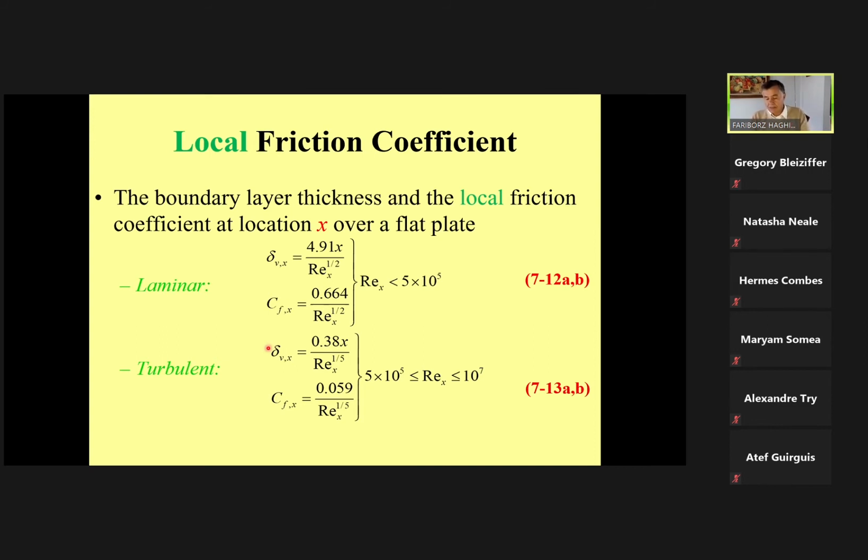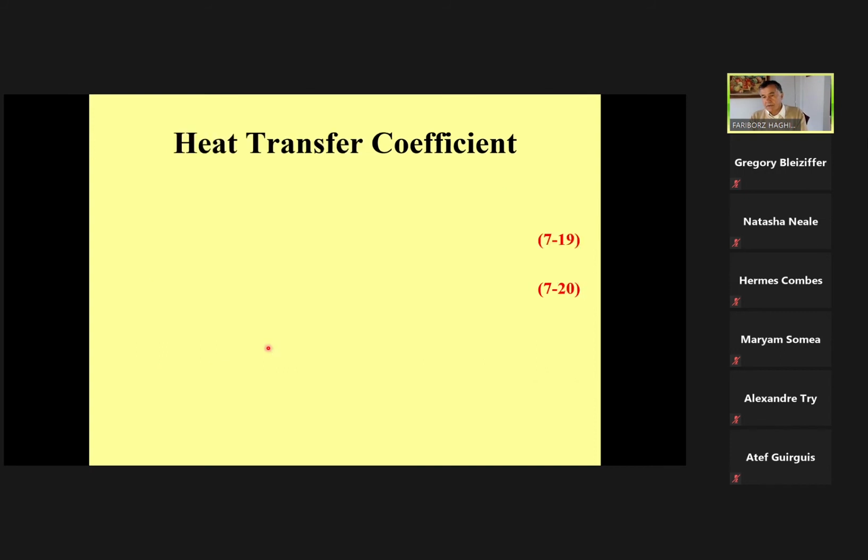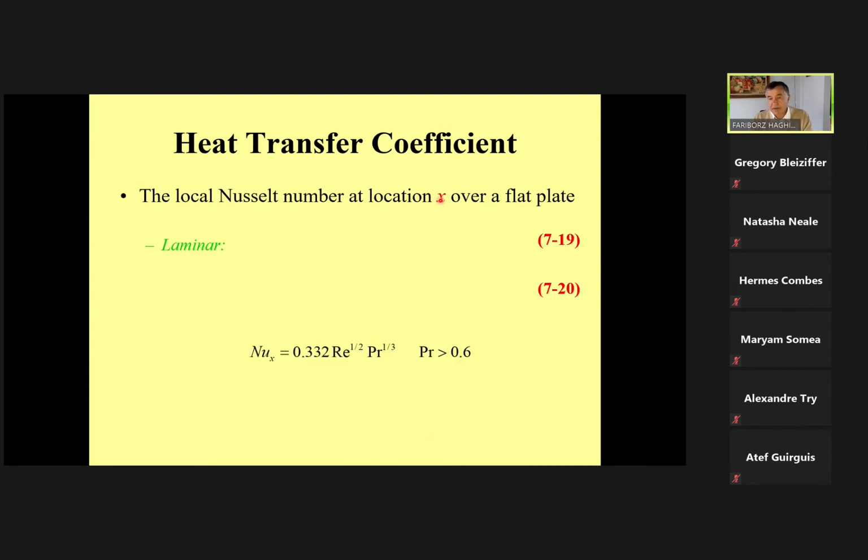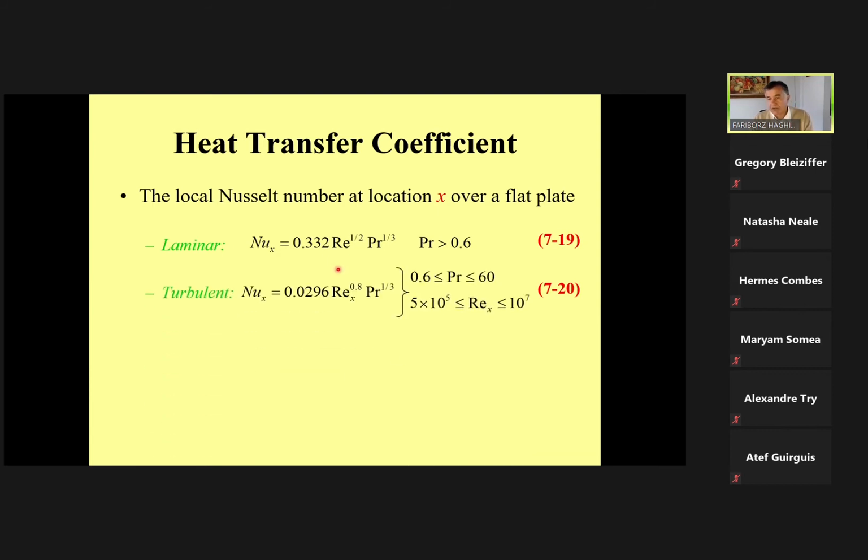Okay, now let me go further. If I look here, as I mentioned, we already have an expression to calculate the local Nusselt number. For laminar flow it was this equation, and now in this chapter we also give you the value for turbulent. Just accept it as it is; we are not going to derive the equation. Look at the Nusselt number at x, for both of them.